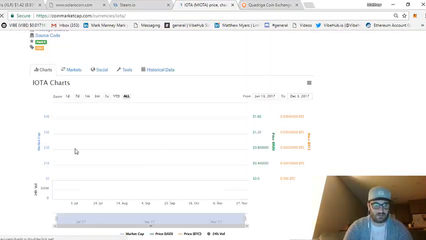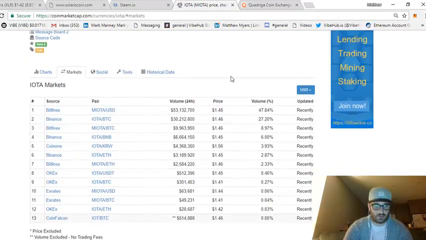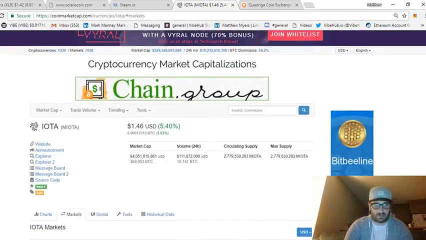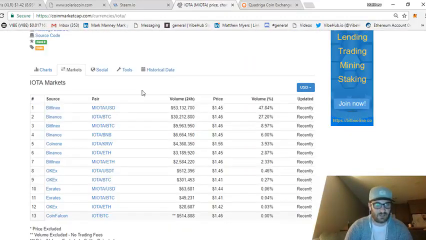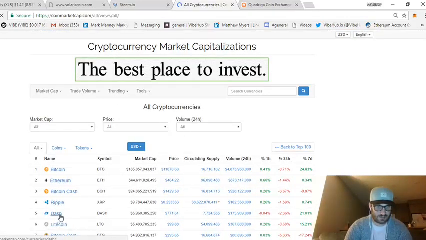Go to markets to see which exchanges IOTA is listed on, a ton of them. That's not on Bittrex, oh, it's because of their wallets. Yeah, I use Bittrex because it's the best, but it's kind of whatever you're into.